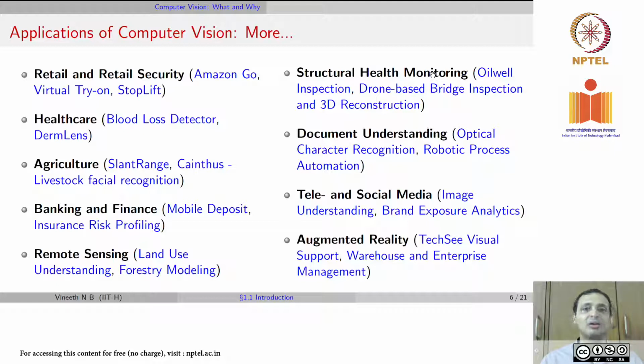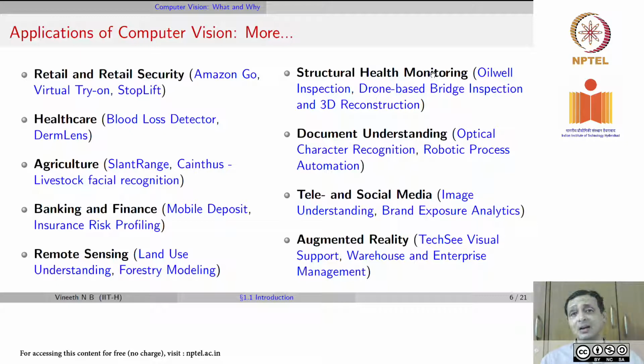This is extremely important in various settings where you may want to monitor the health of an infrastructure without having to physically inspect that infrastructure. For example, it may not be trivial to go under a bridge and try to find out if there are cracks under the bridge, but you could use a drone to fly through that area and use the images that you get from that drone to process and understand the health of bridges, railway tracks, oil refineries, and any of those large infrastructures.